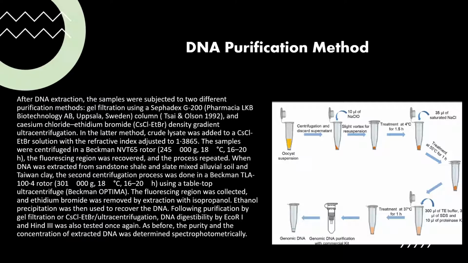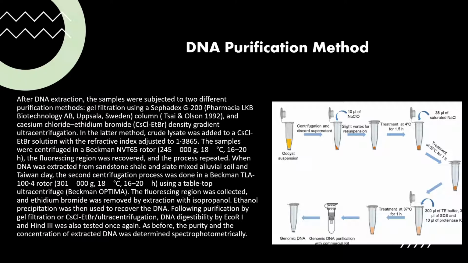The fluorescing region was collected and ethidium bromide was removed by extraction with isopropanol. Ethanol precipitation was then used to recover the DNA following purification by gel filtration or CsCl.